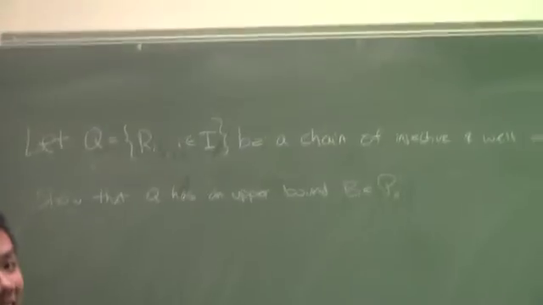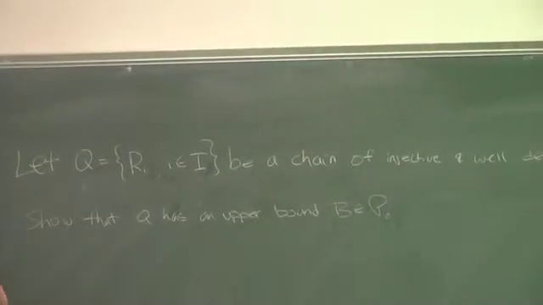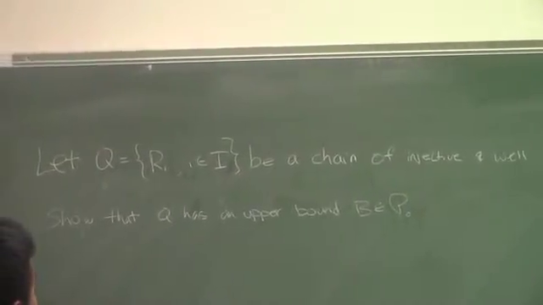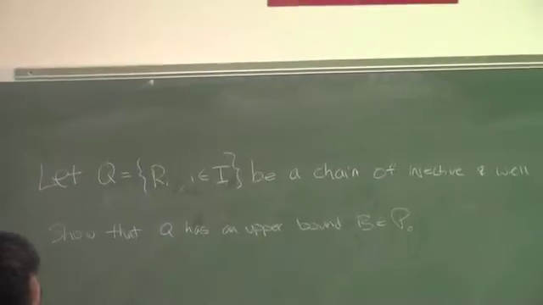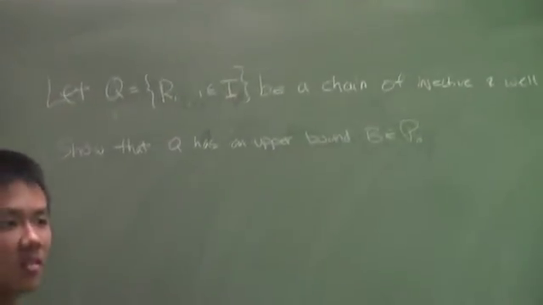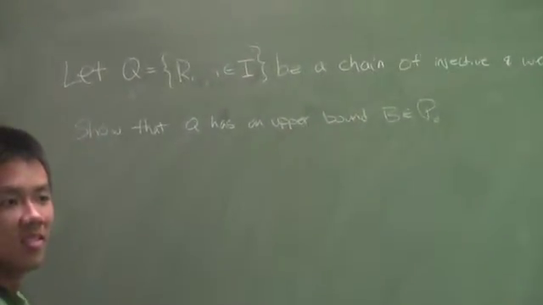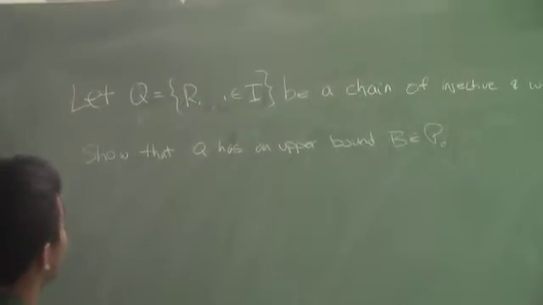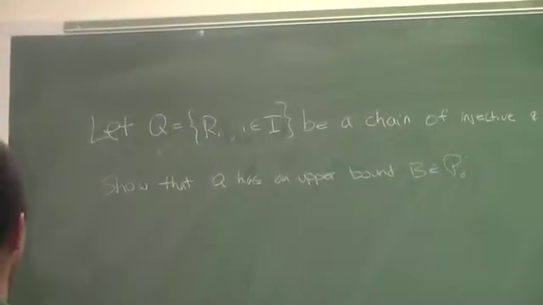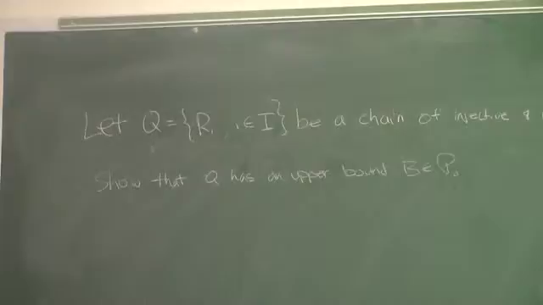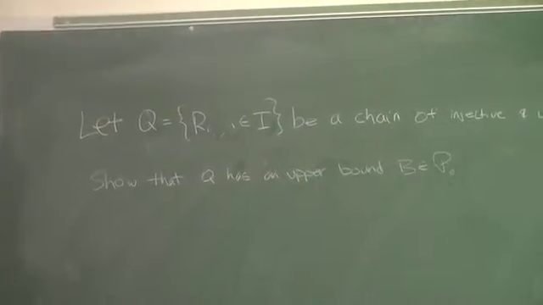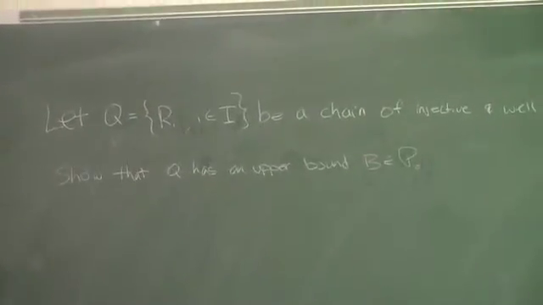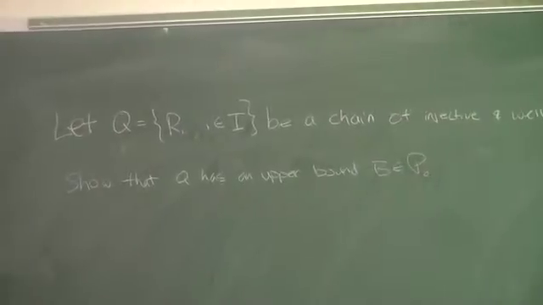It's a relation, right? Didn't you give us the answer last time? Last time when we had a chain, we wanted to have an upper bound, right? How did we get there?